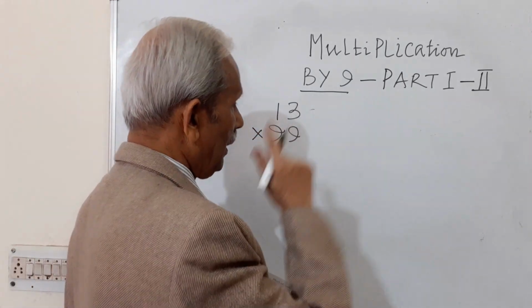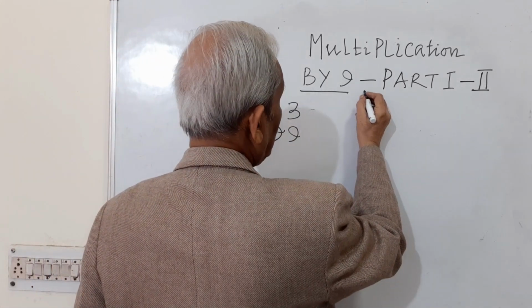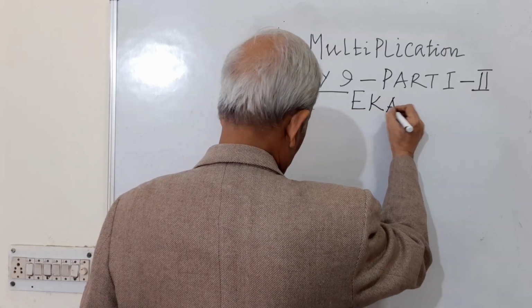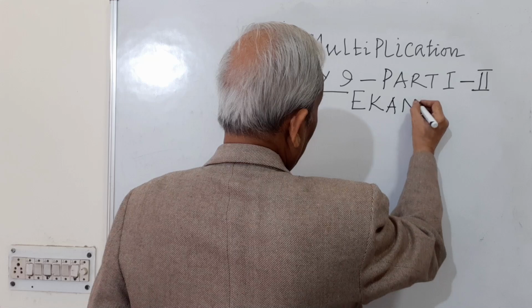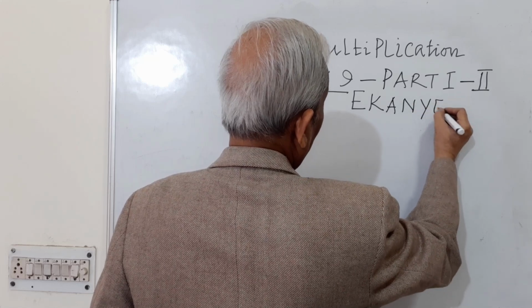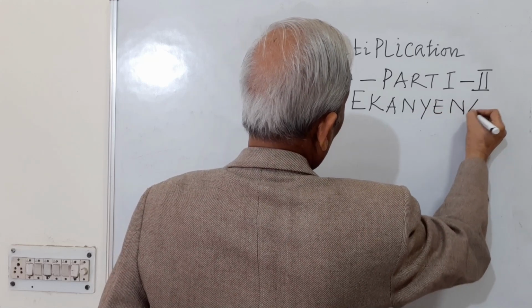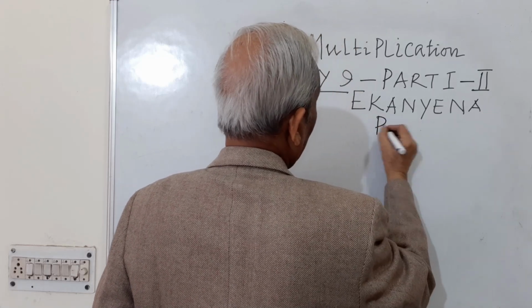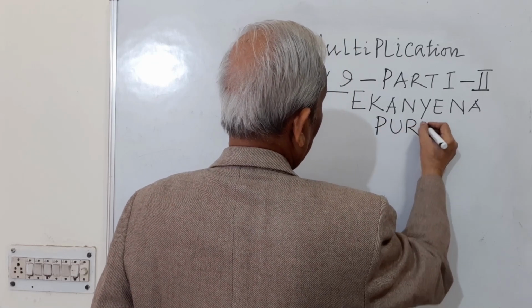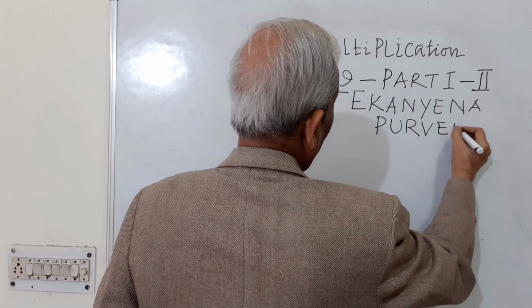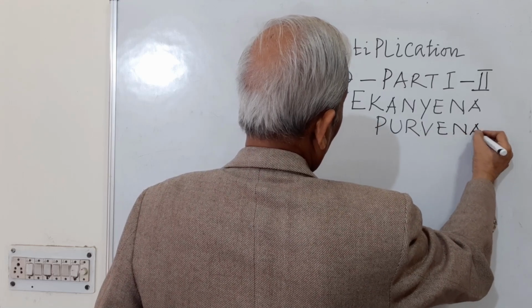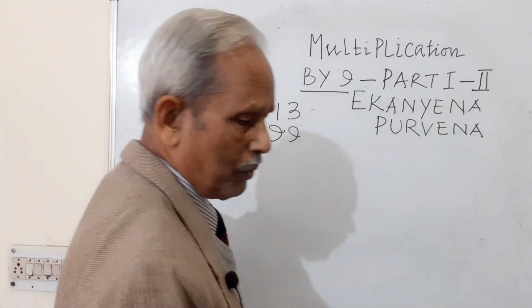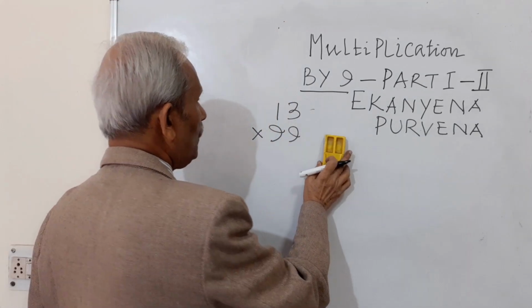And this method, I have forgotten to tell you, this method is known as Ekanuyena Purbena. The previous number, from that we just reduce number 1, and that is Ekanuyena Purbena.